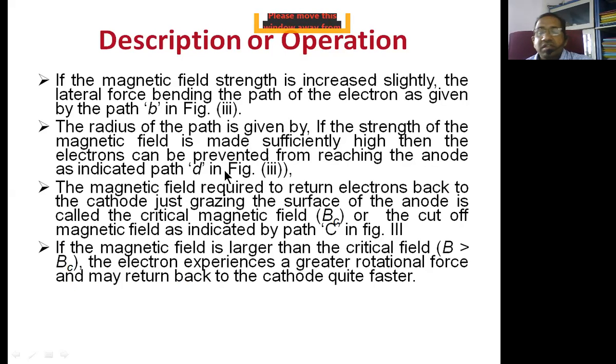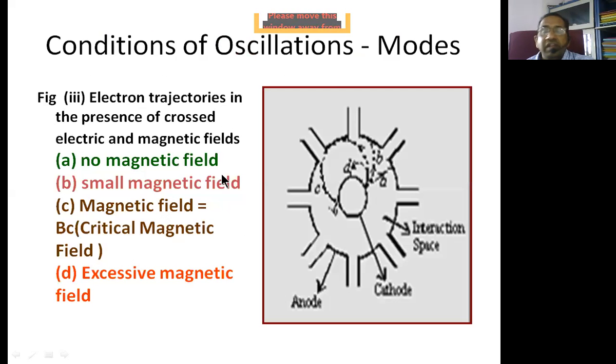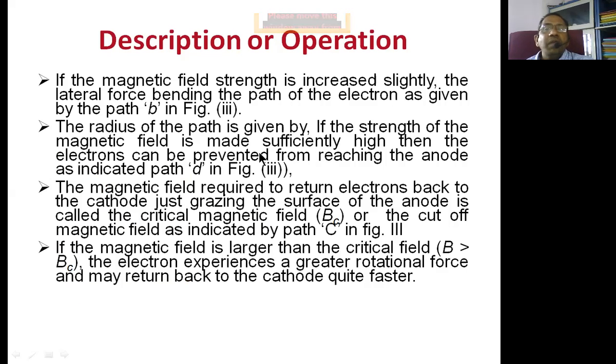Now I give an excessive magnetic field here, that is called path D. When I give more magnetic field, what happens? They never really touch the anode. With sufficient field, the electrons can be prevented from reaching the anode, as indicated in path D. Here also it is going to be in vain, a waste for us.